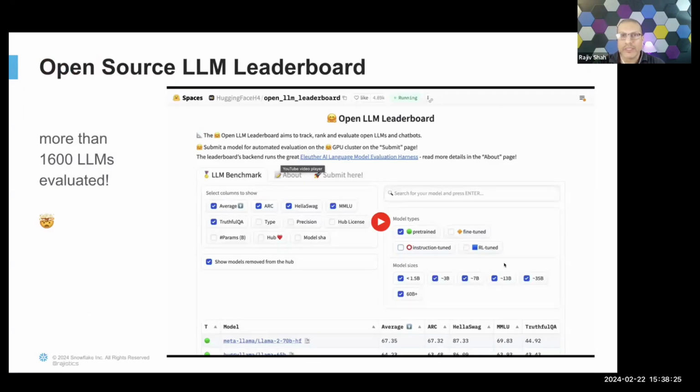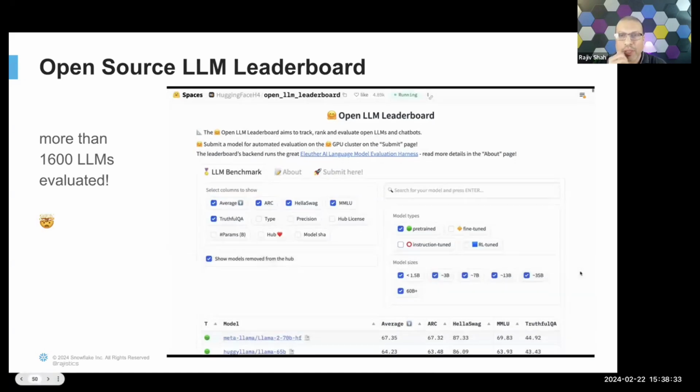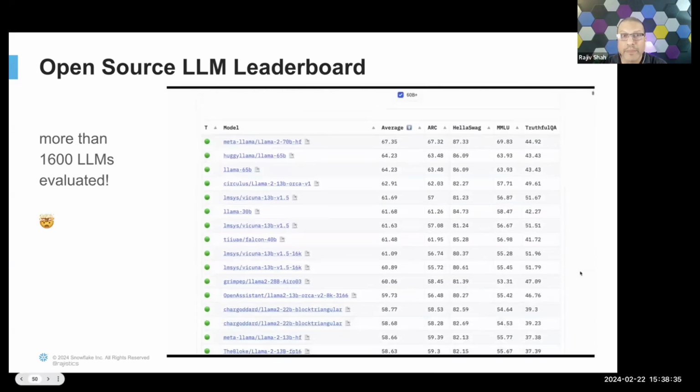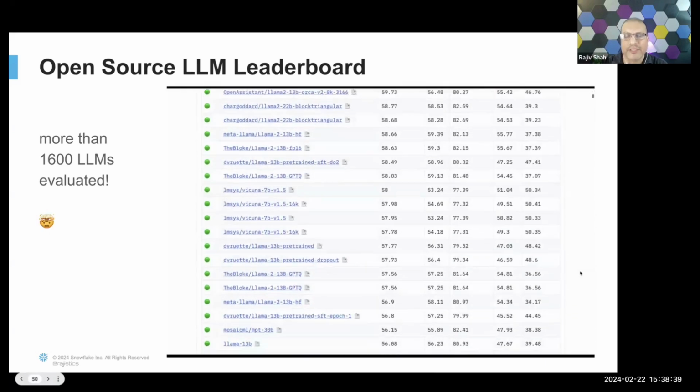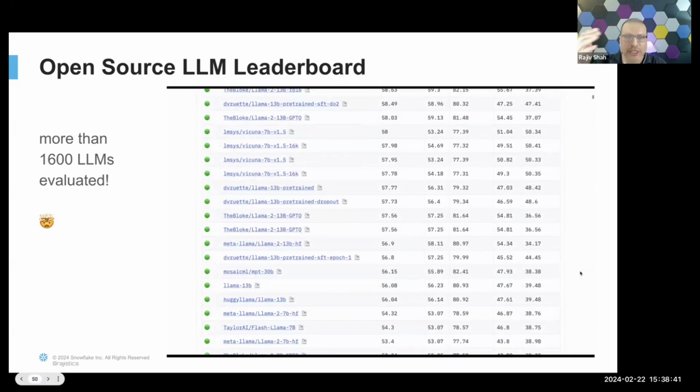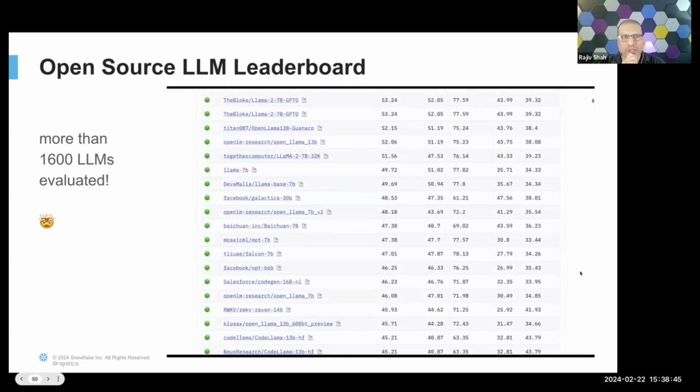Now, when we get to these large language models, there have been so many of these. Over at Hugging Face, they have a leaderboard that allows anybody to submit their models. Some of these models are pre-trained, some are instruction fine-tuned or aligned. When I made the slide a few months ago, it was 1,600.